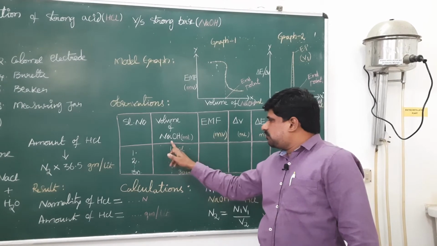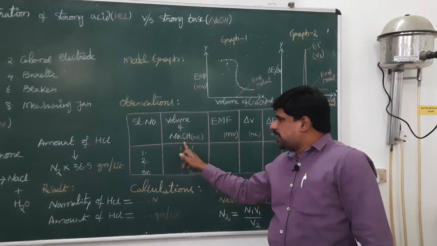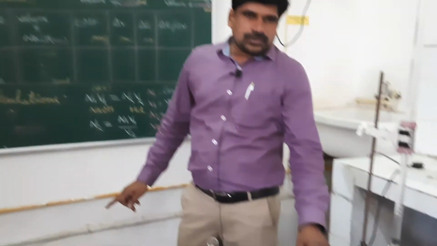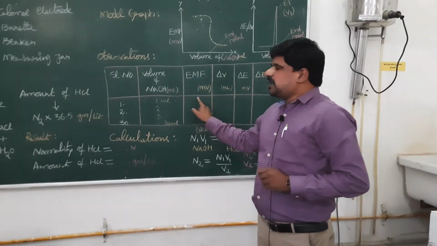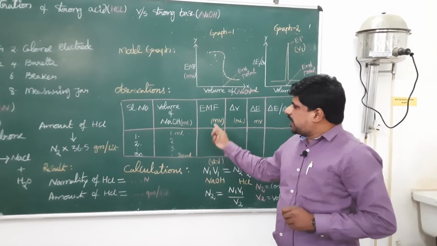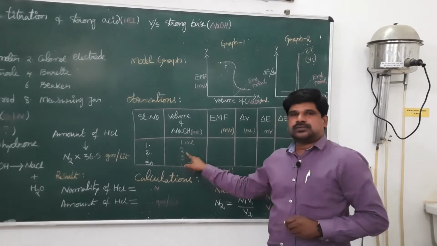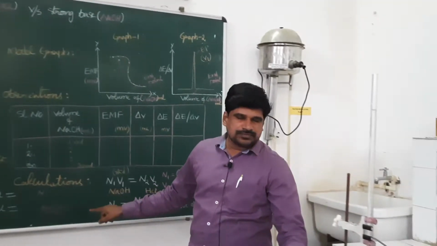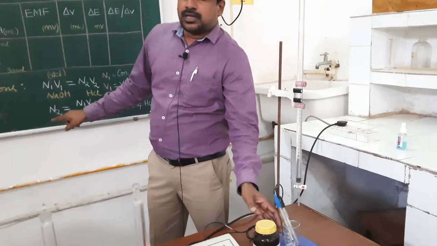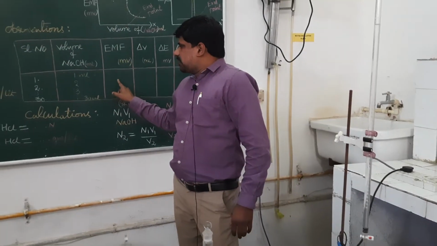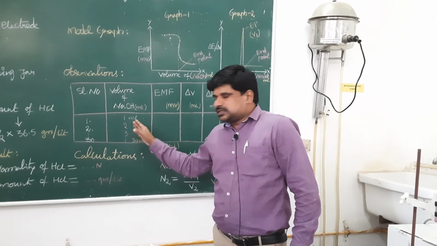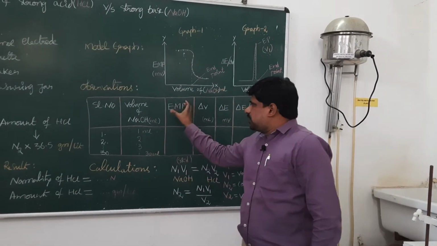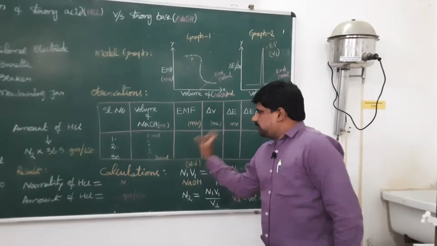For the first ml added to the beaker you get some value, say x1, and by adding the next ml you get one more value, x2. Like that, you add up to 30 ml and record those values in the EMF column.